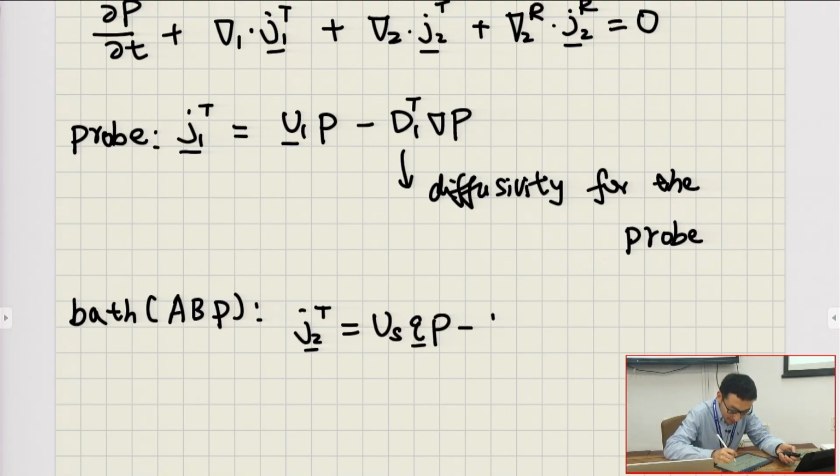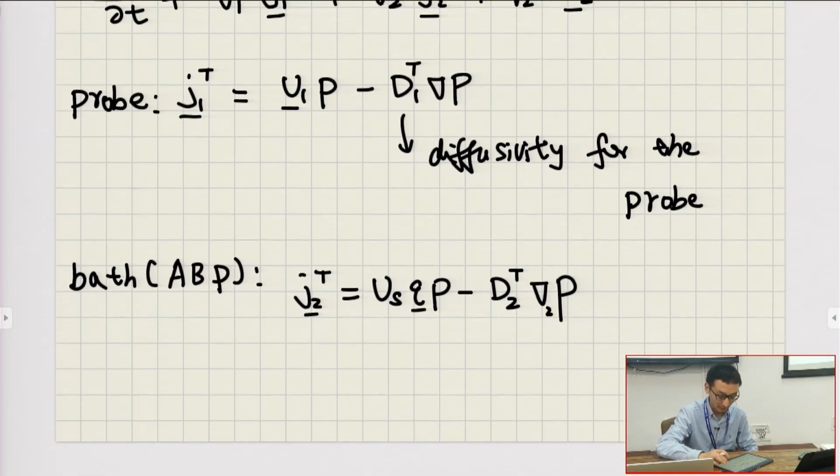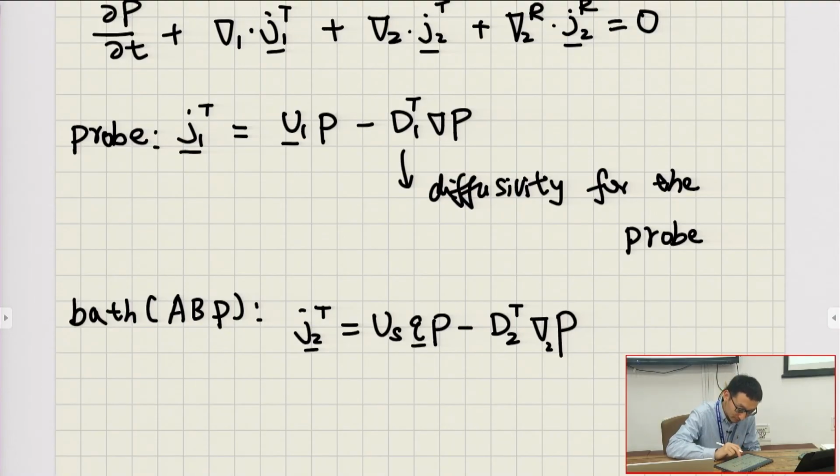It has Brownian motion, so I call that D2t, with the gradient with respect to the position of the second particle, so that's grad 2. But also it has rotational flux. In this case, because an active Brownian particle is just rotating due to Brownian motion, let's call that D2r.